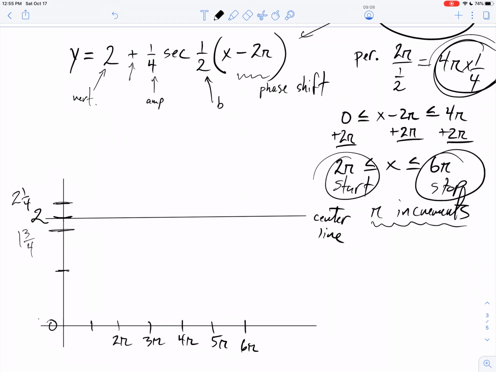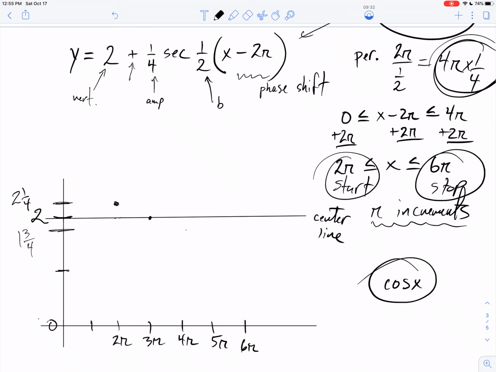So let's sketch in this guide graph. My guide graph will be a cosine graph that is not flipped. So here's the line. I'm up here. This is the line right up here. But I'm not going to start on the line. No. I'm going to start above the line. Then I'm going to go back to the line.